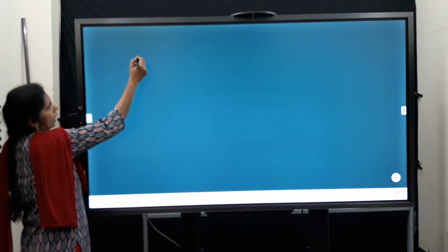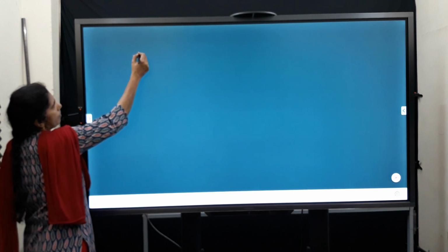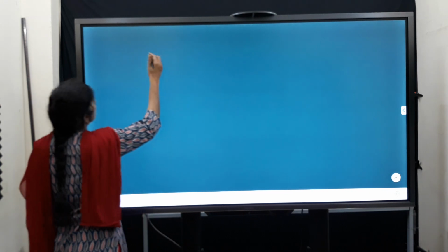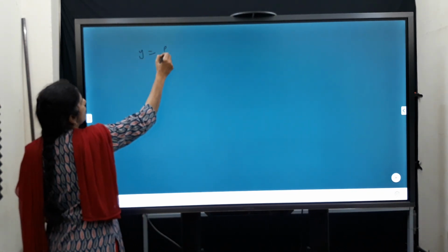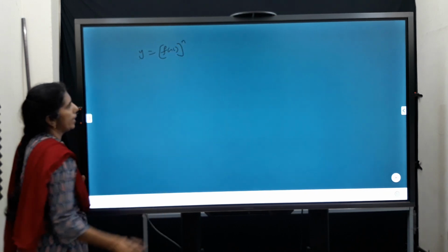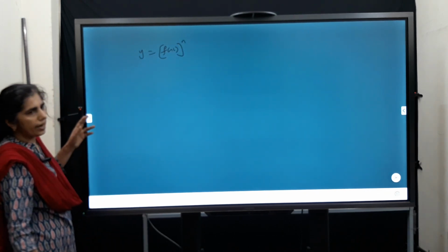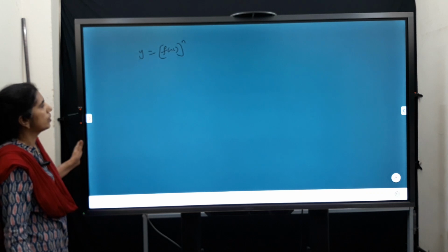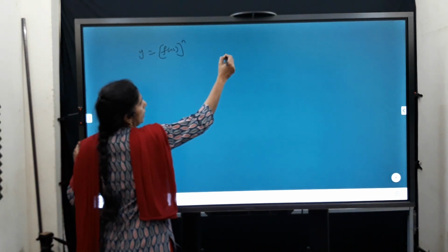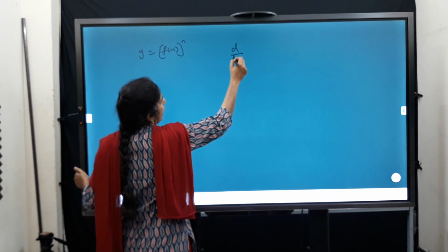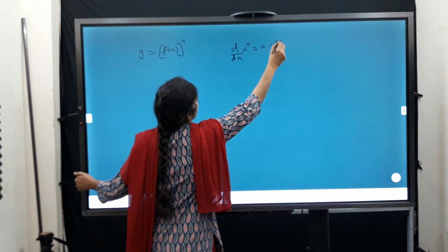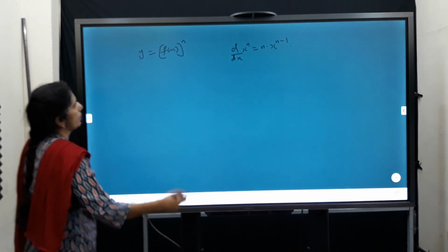Now we can see that when the function is of the form y equal to f of x raised to n, we can derive a direct formula for this function to find the derivative. See, d by dx of x raised to n equal to n into x raised to n minus 1.